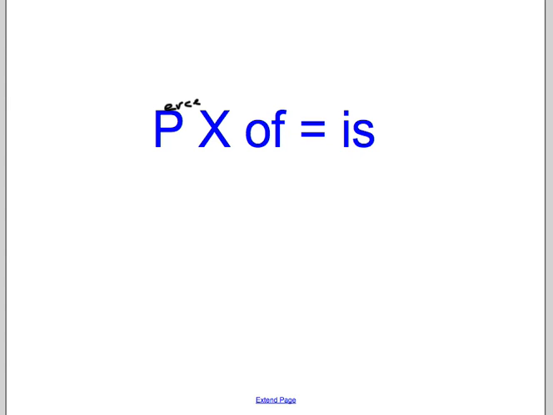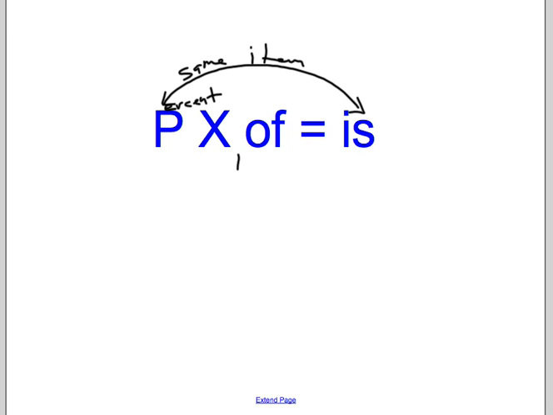This lesson is very similar to the fraction times of equals is lesson, where we had the fraction times the of equals the is, and where p in this case is percent, and that the percent and the is have to represent the same item.